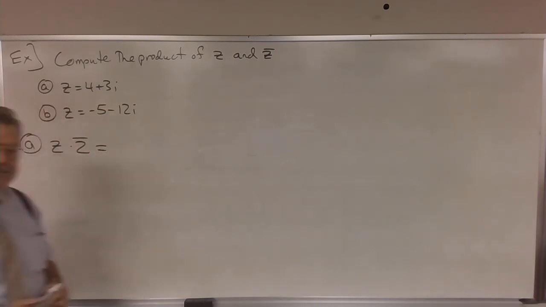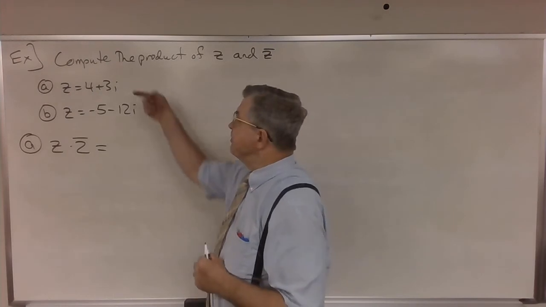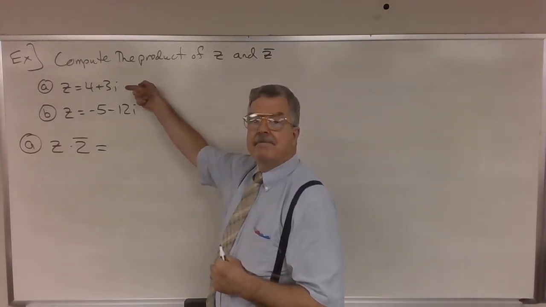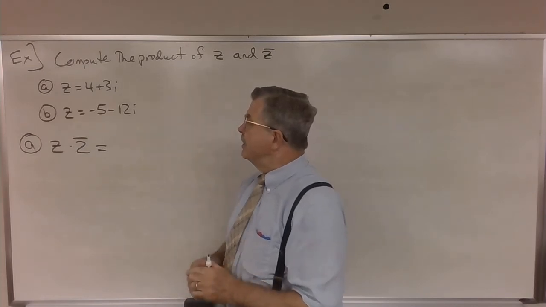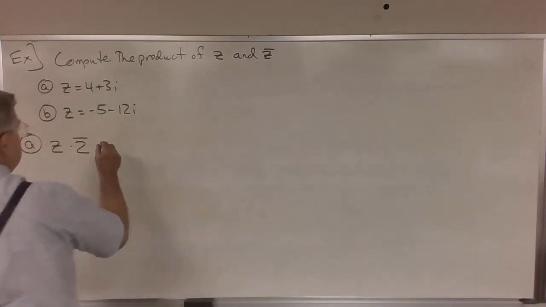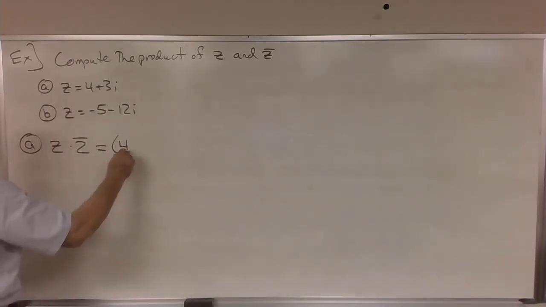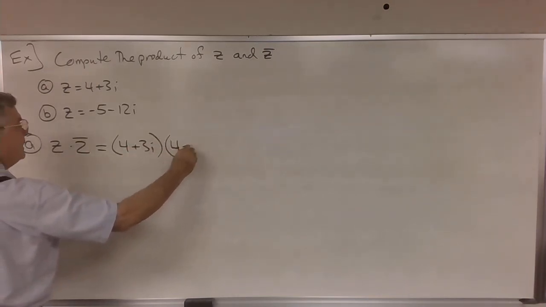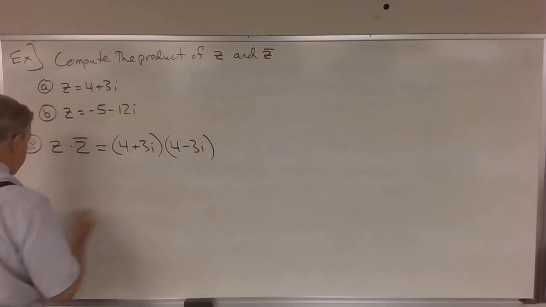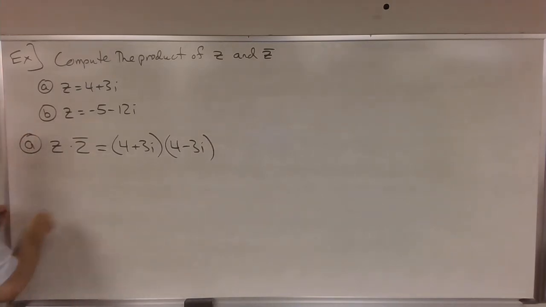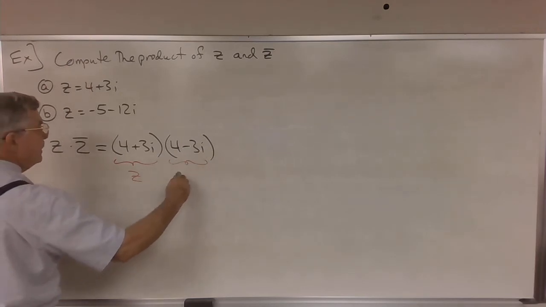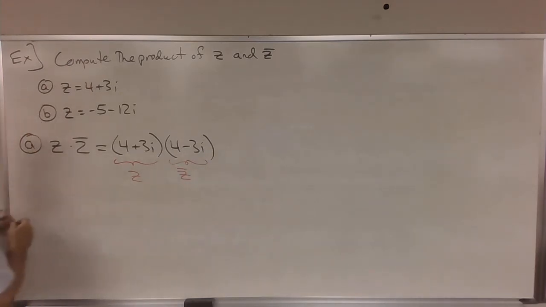Okay, first example. Here's our complex number, 4 plus 3i. And we're going to multiply it by its conjugate. So we have z, and here's z conjugate. Just change the sign of the imaginary term. So here's z, here's z conjugate.